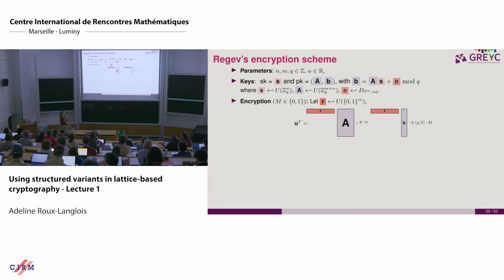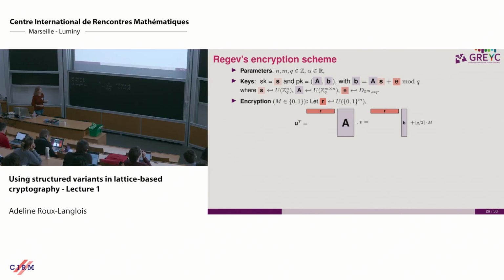So a public key encryption needs to have some randomness. And so here, R is your randomness. It's a uniform vector of 0 and 1 of size m. So to encrypt, I just multiply A by R and B by R. And to R times B, I add q/2 times M. So if M is 0, I don't add anything. If M is 1, I add q/2.